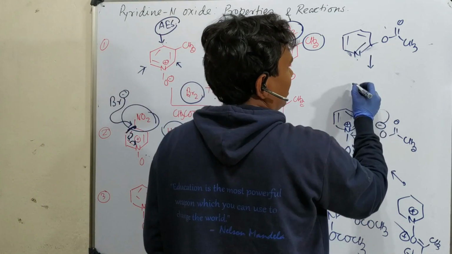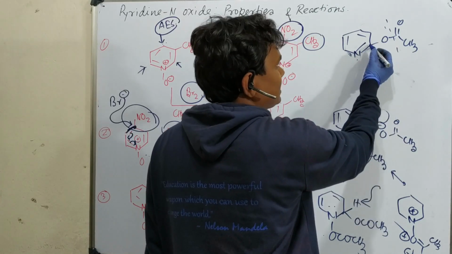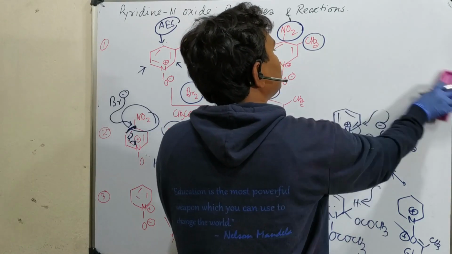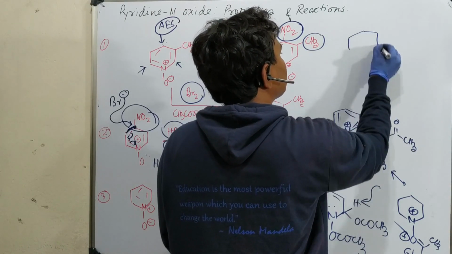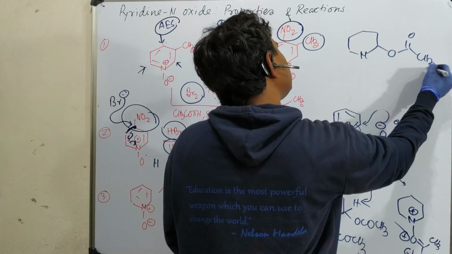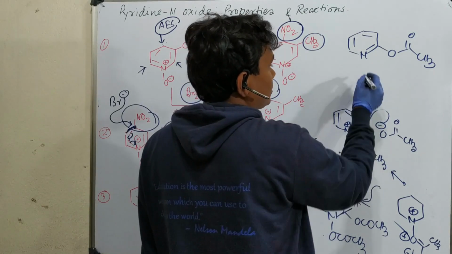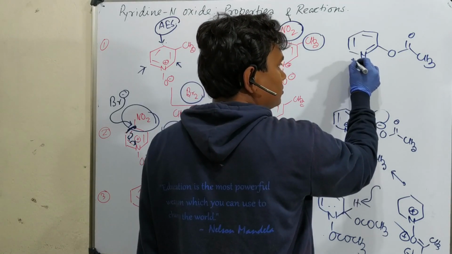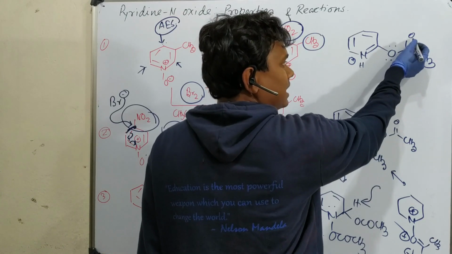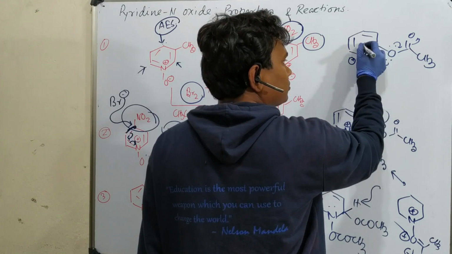It also hydrolyzes. Why? Because it's an electron deficient nucleus, and if you look at this molecule carefully, this is OCOCH3. So there is a proton, so protonation can be expected here also. This oxygen lone pair delocalizes this side, and along with this side also in this way.